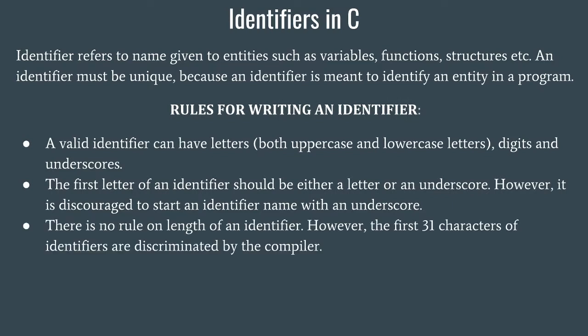And next, there is no rule on the length of an identifier, but we will always try to keep the length of the identifier name as short as possible. Okay. And the first 31 characters of identifiers are discriminated by the compiler.